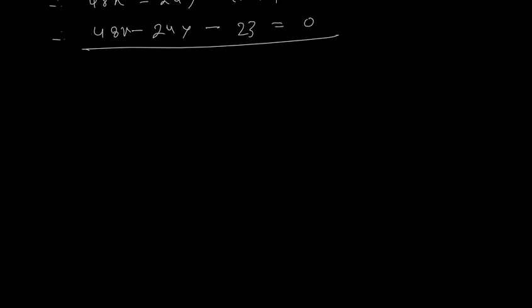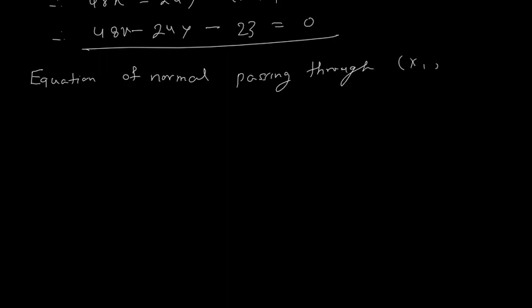Now the equation of normal passing through x1, y1 is y minus y1 equals minus 1 upon m into x minus x1.